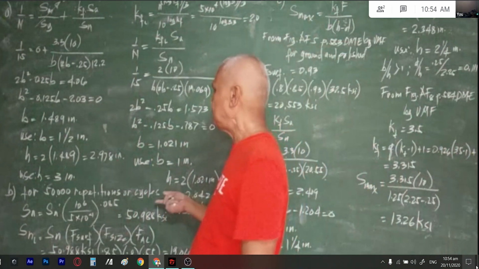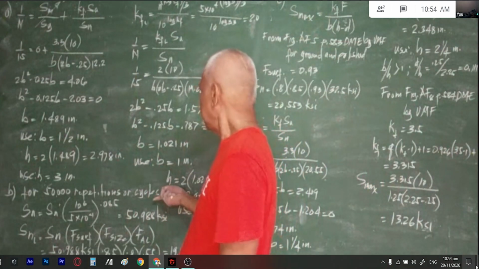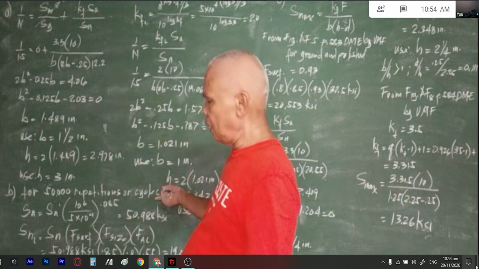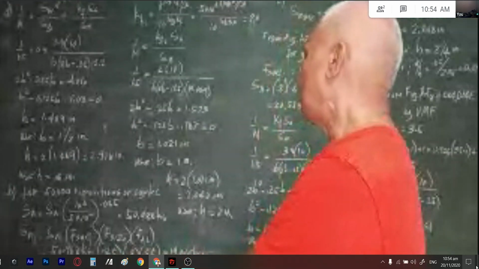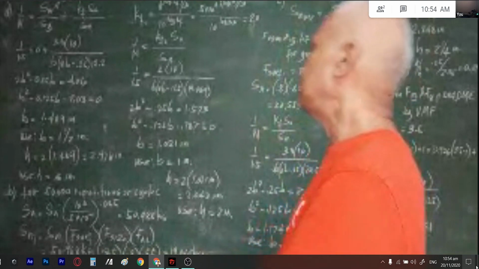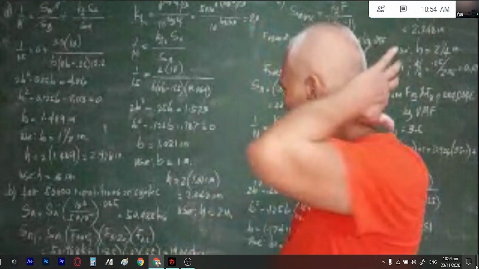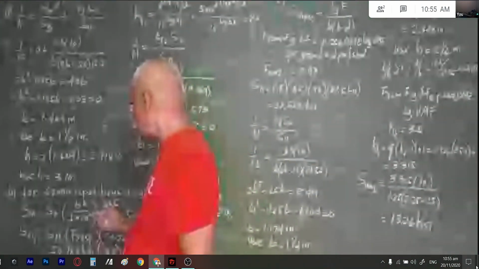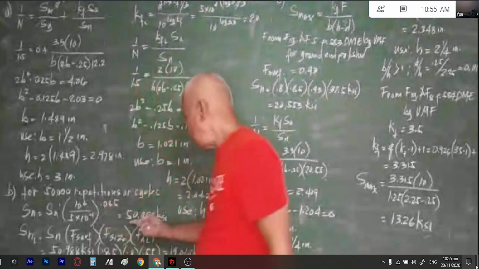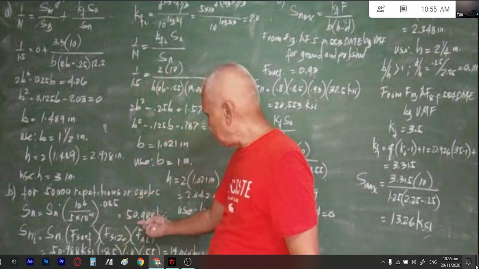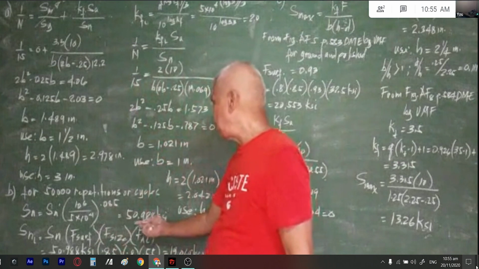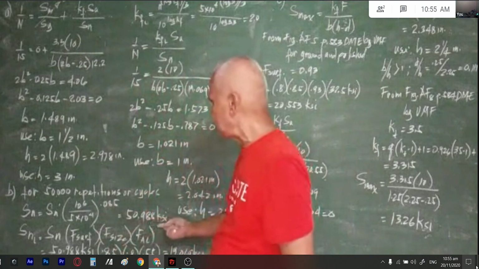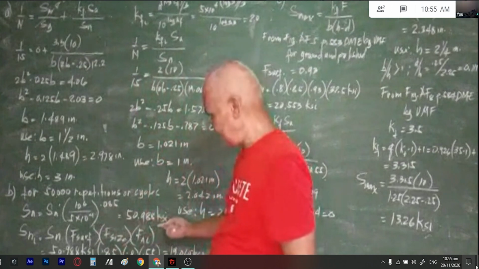For letter B, for 50 repetitions or cycles. As I have stated a while ago, we will be considering the endurance strength for limited life, which is taken from the endurance limit multiplied by this term in here, which we will be able to have equal to 50.988 ksi.